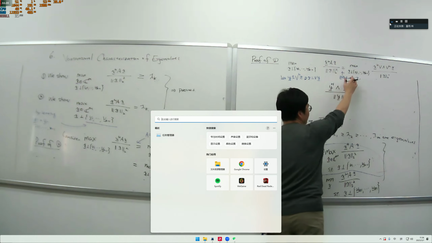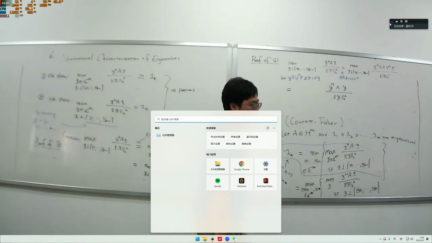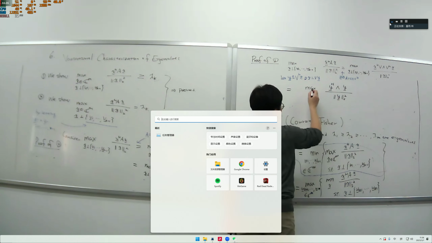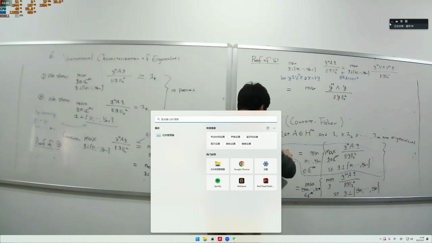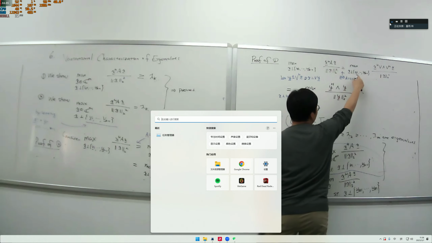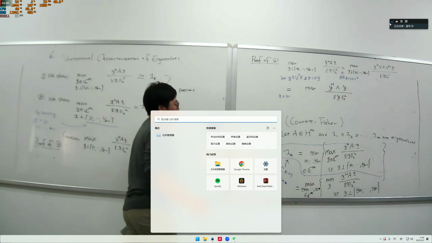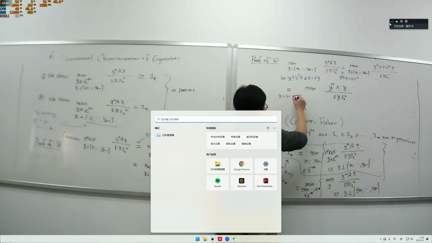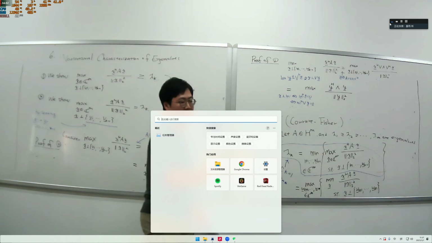Now the constraint needs to be rewritten in terms of y as well. X is orthogonal to one of the Wi, which means Wi Hermitian X equals 0. Now we use Vy to represent X, so this becomes Wi Hermitian Vy equal to 0.